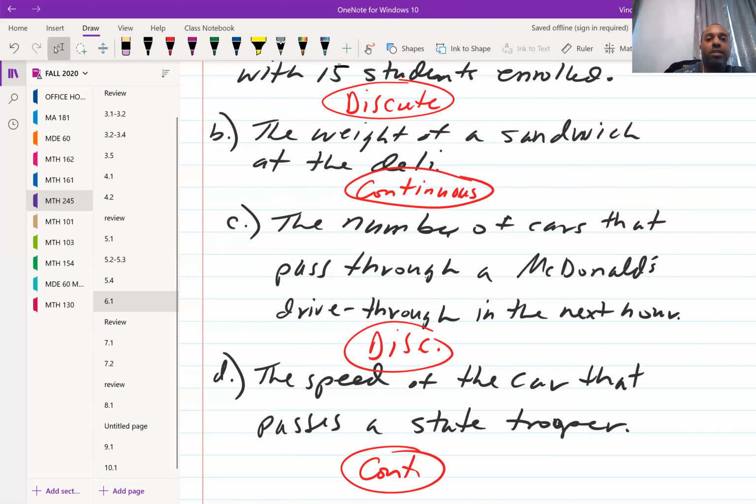So that's why that's considered continuous. Any questions on either one of those?